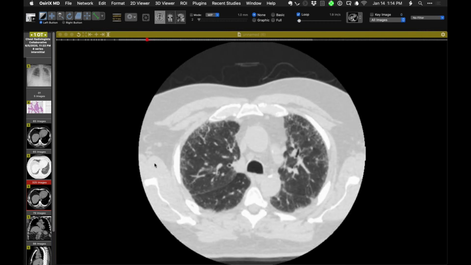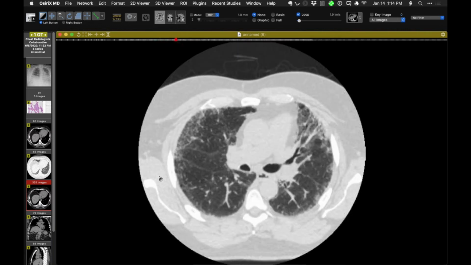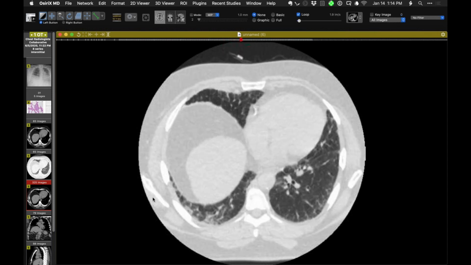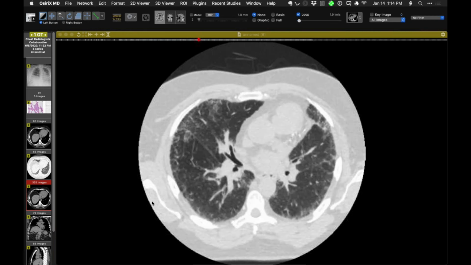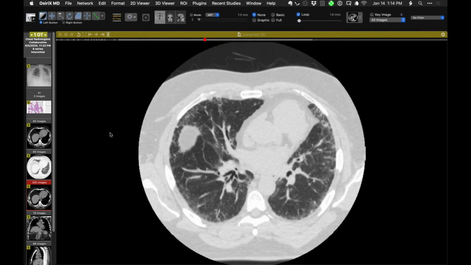It's a nice framework, but I think you have to constantly go back to UIP one. Anyway, with your case, I like indeterminate when it looks like UIP, but it's not basal predominant, or there's just a little too much ground glass. I think yours has a lot too much ground glass, and I think it's much more upper lung predominant, and there's a lot more central disease.